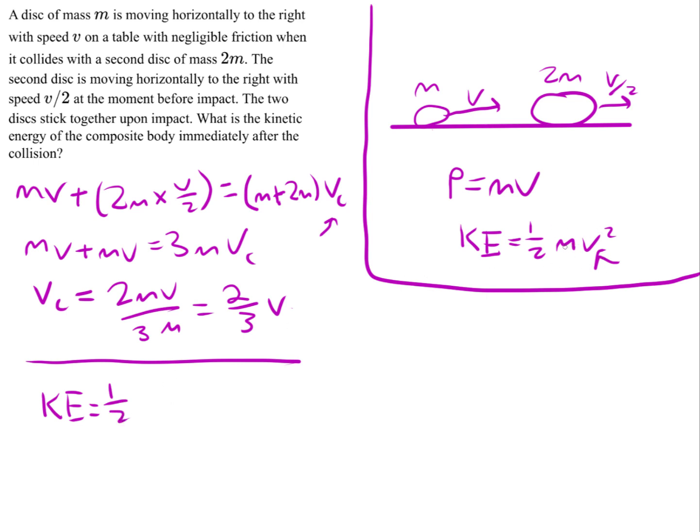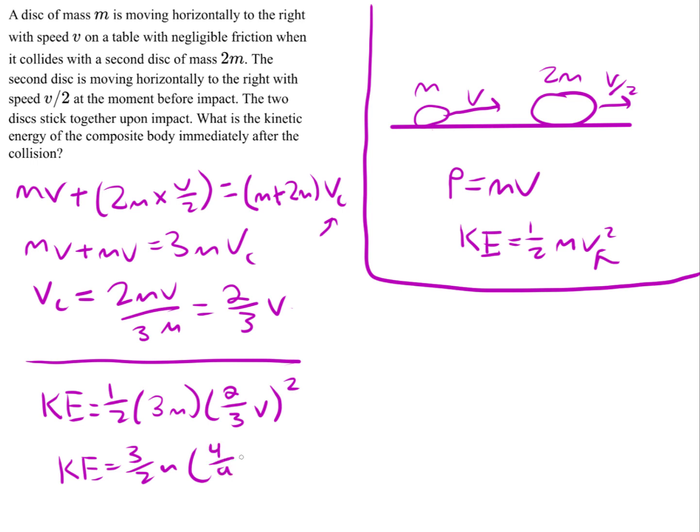This is after the collision, so you have to remember this is the total mass of 3m. And then times the final velocity after the collision, which is 2/3 of the velocity of the first disk initially, squared.